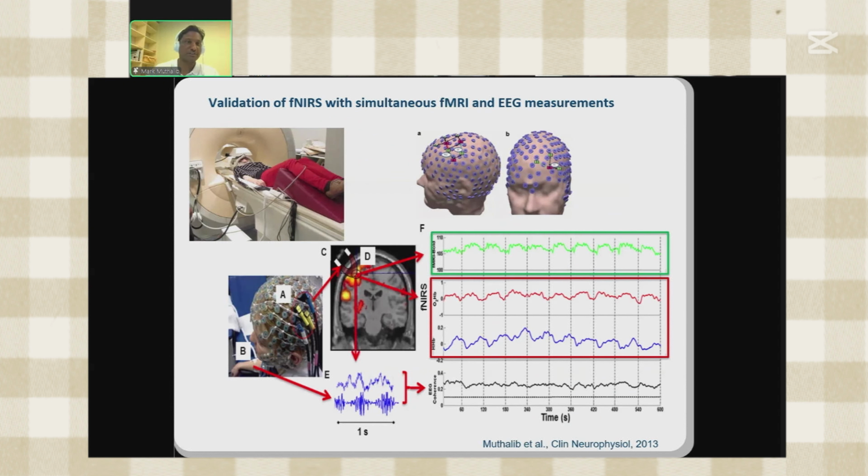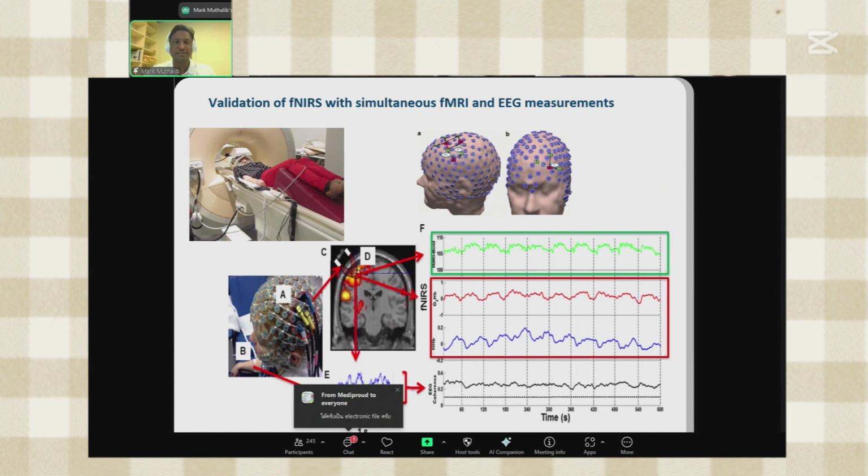I like to show this slide because we did this combination of NIRS, fMRI, and EEG at the same time, with help from our tDCS medical systems and their NIRS system, which allowed for an MRI compatible NIRS system. And what we see here in the green is the BOLD, which is the gold standard of neurovascular coupling measurements.